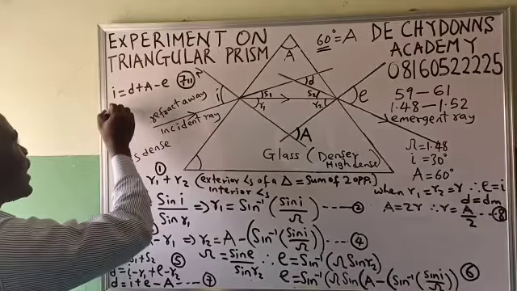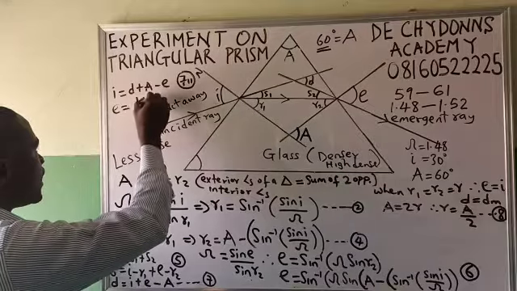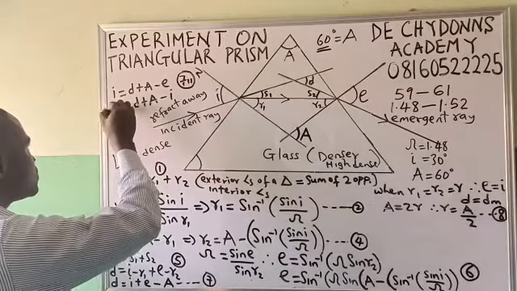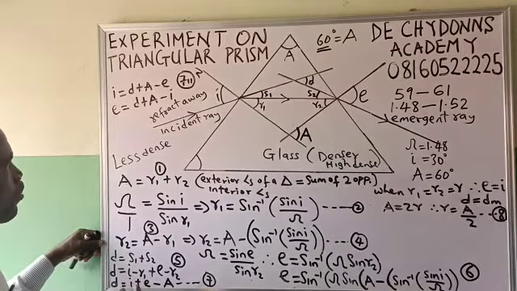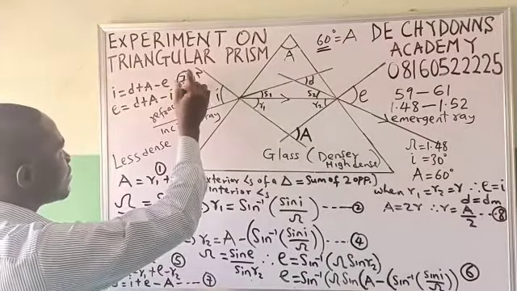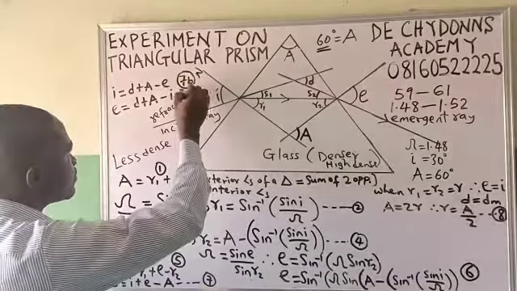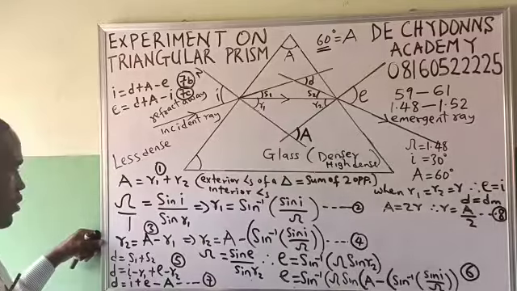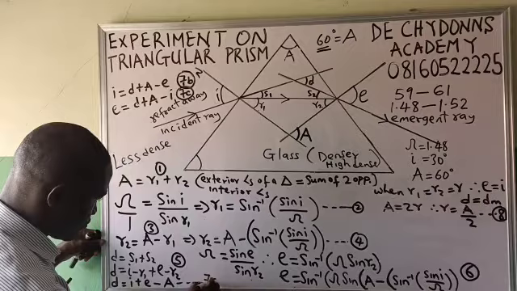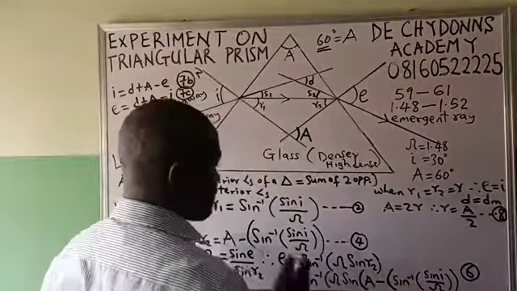Then we also have E equals D plus A minus I. Emergent angle, it's just about making the subject of the formula. Let's say 7B and 7C. This is equation 7C, and this is equation 7A. Please note it. And this is equation 8.